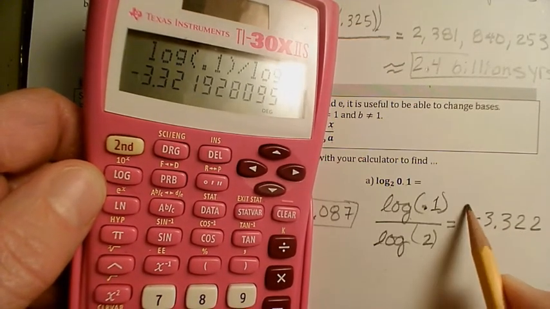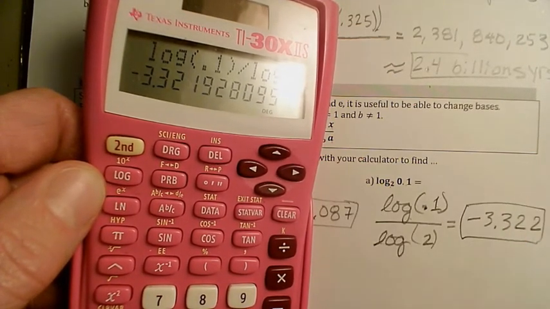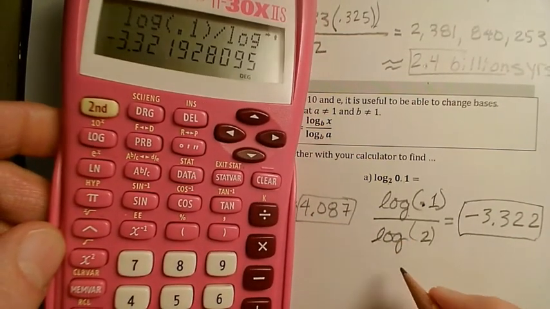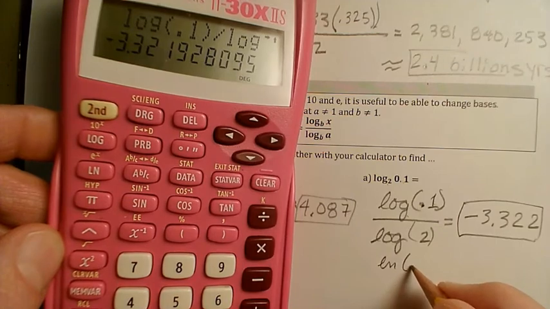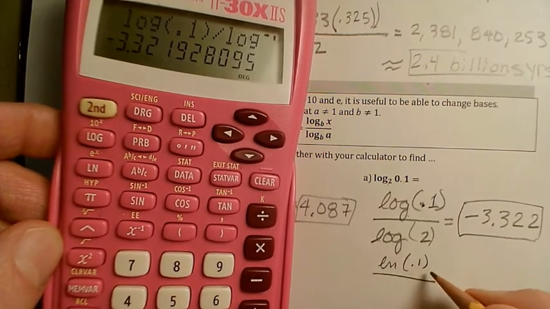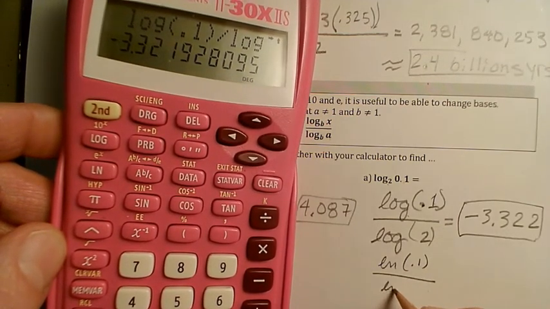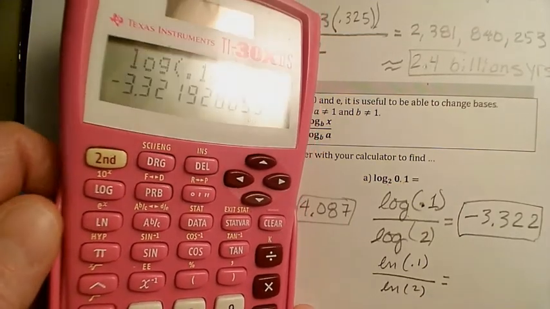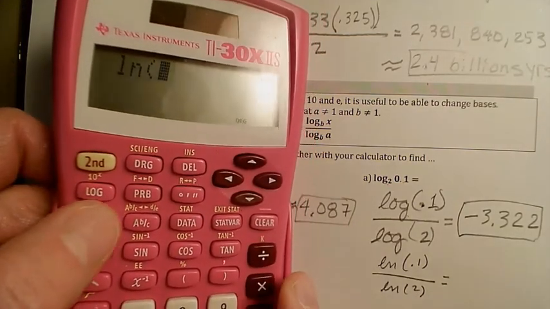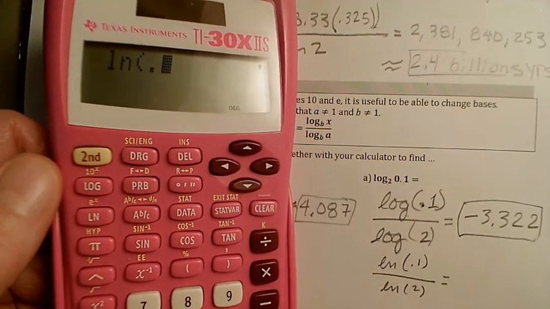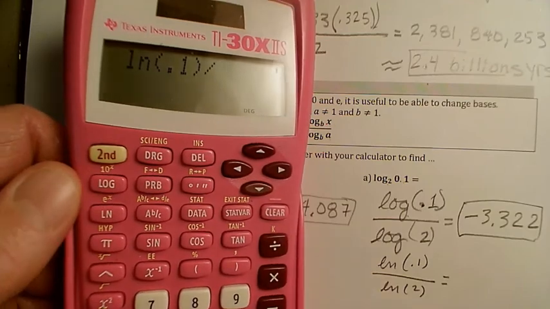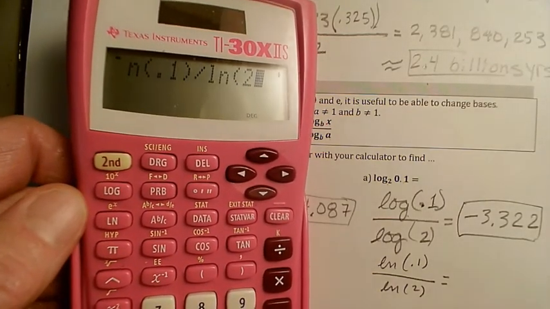All right. Now let's go ahead and do this one with the natural log as well. So the natural log of 0.1, now that one we couldn't really do without a calculator, and the natural log of 2. And let's just confirm, it doesn't matter what base I change it to, my calculator will do either one. So natural log of 0.1, close that parentheses, divide by the natural log of 2.